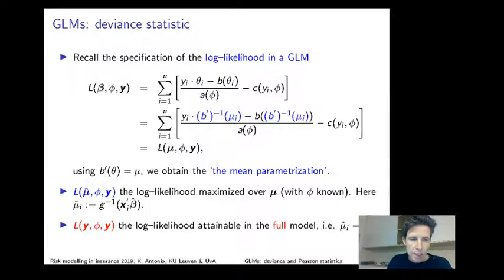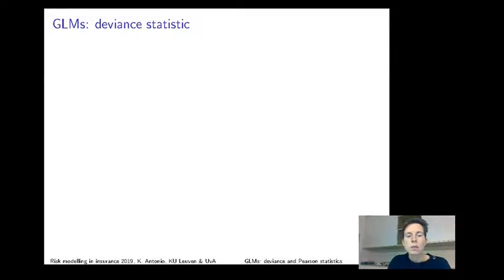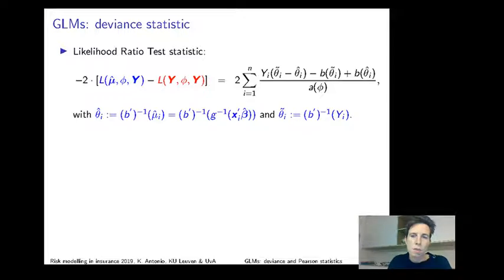Now, the likelihood ratio test statistic of interest compares the log likelihood of the regression model under consideration against the log likelihood of the full model. That's the maximum value of the likelihood that can be achieved with a model that is overfitting your data. You can see here at the top of the sheet how this likelihood ratio test statistic can be written.